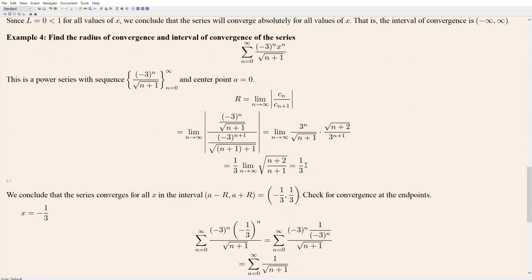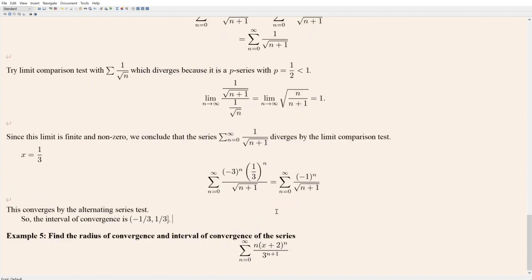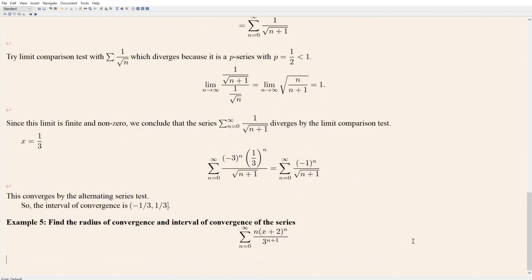And the radius of convergence is 1/3, but we know that already. Okay, one more example, but I mean, I think we know the drill by now. It's just a whole bunch of testing. So compute the radius of convergence and then proceed.